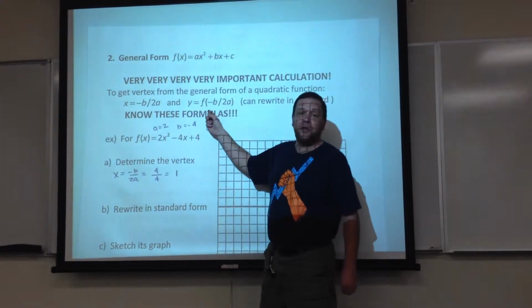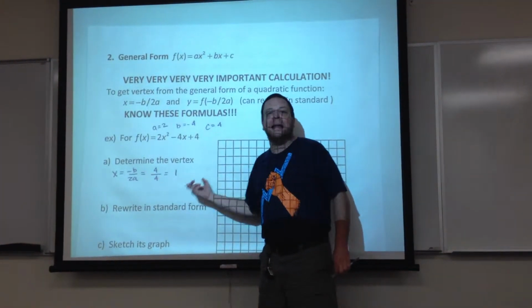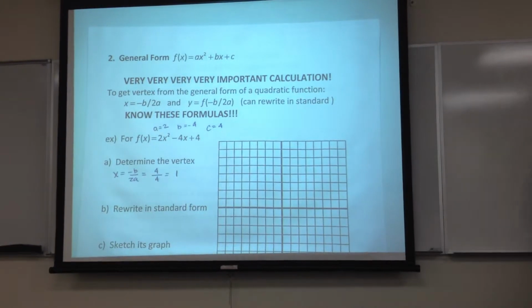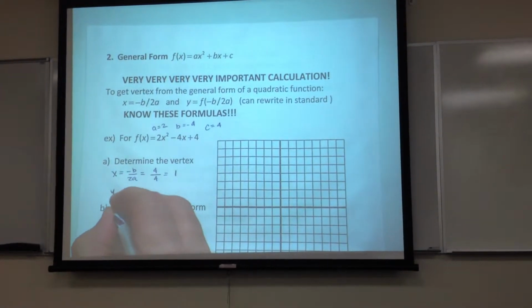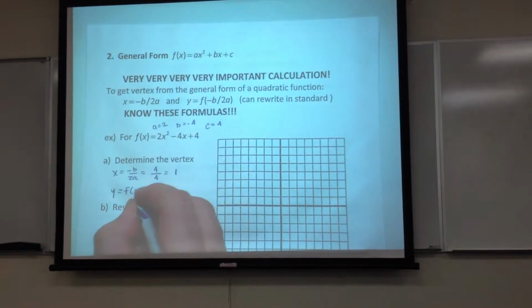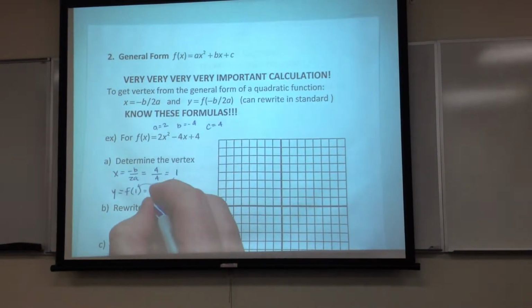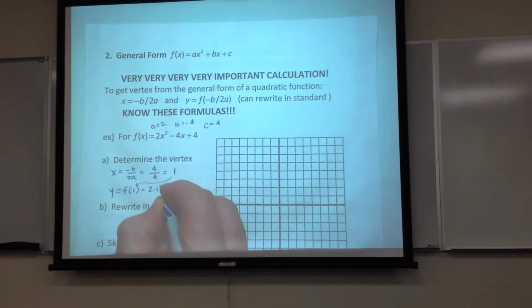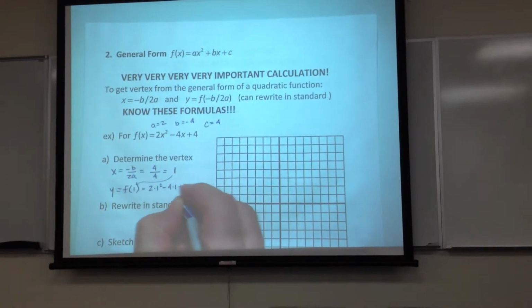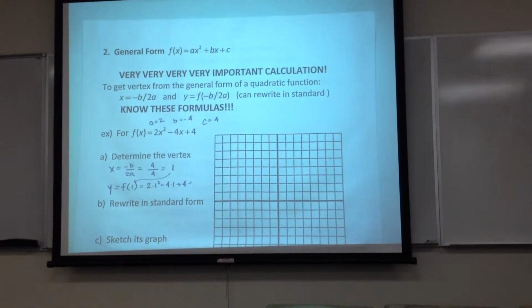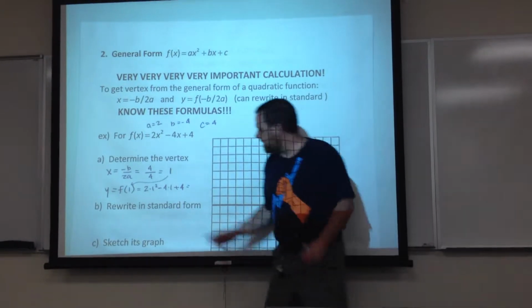So now you go to the function formula and plug in x equals 1, and that gives you the y coordinate. So the y coordinate is f of 1. Plugging that in, the calculation would be 2 times 1 squared minus 4 times 1 plus 4. Follow your order of operations carefully.